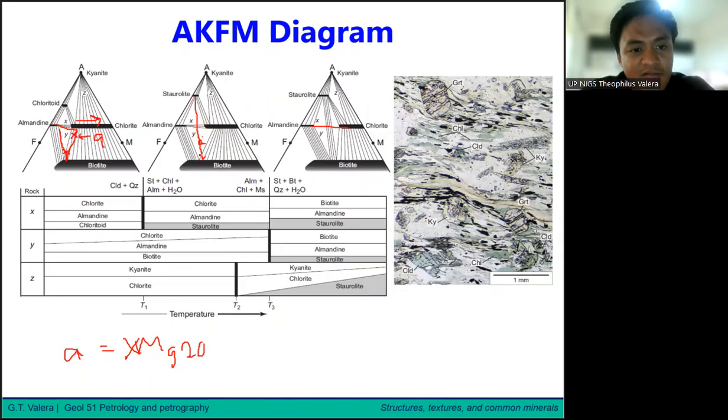If you have crossing tie lines like this, it is a reaction. Your reactants are the original phases connected by the tie line, in this case almandine (garnet) plus chlorite. Your products are the new tie line, staurolite plus biotite. So our rock earlier, garnet plus chlorite, becomes staurolite plus biotite. So our rock earlier, here, suppose A is here.